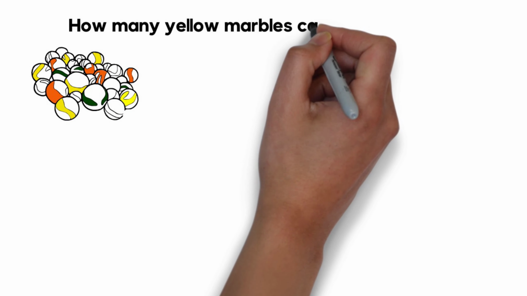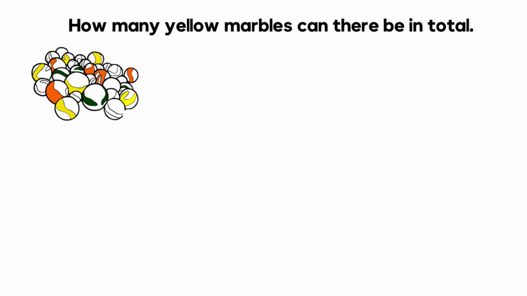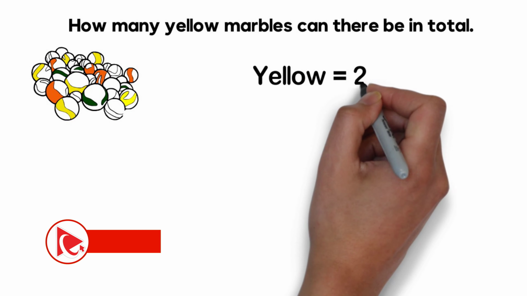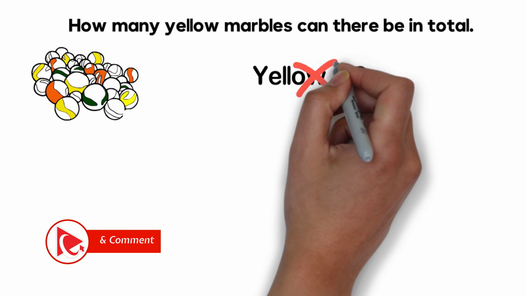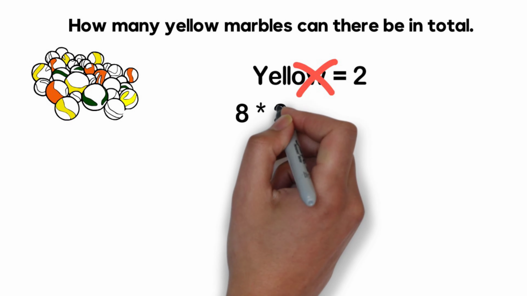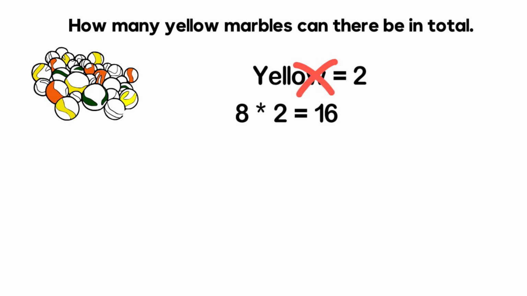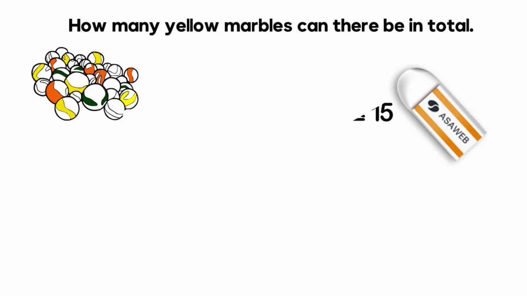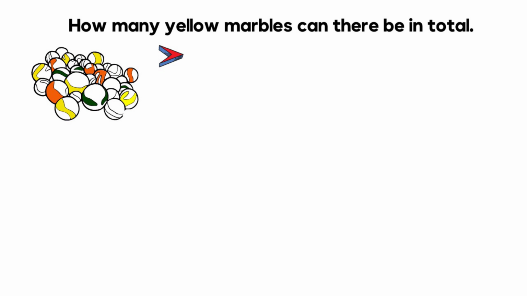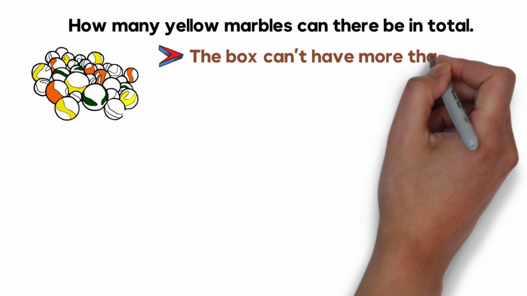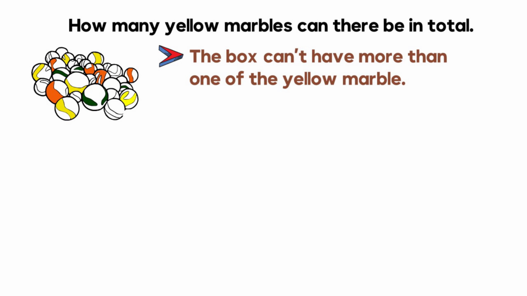So the question is, how many yellow marbles can there be in total? Can there be 2 yellow marbles? No, because if we multiply 8 by 2, we get a total of 16 marbles, which is greater than 15, the total number of marbles. Based on this information, the box cannot have more than 1 yellow marble.